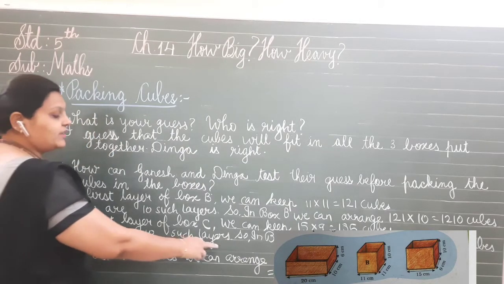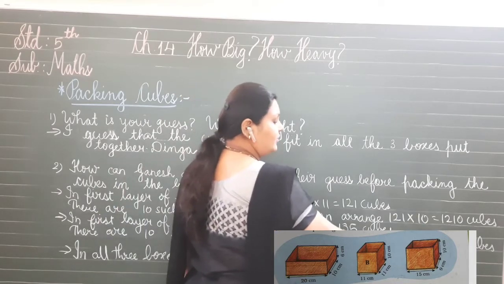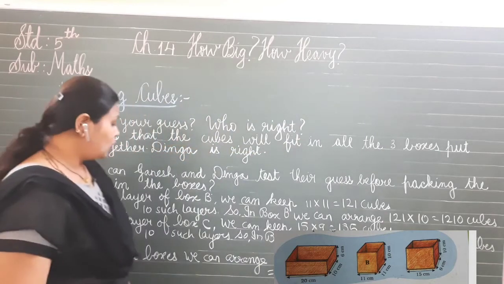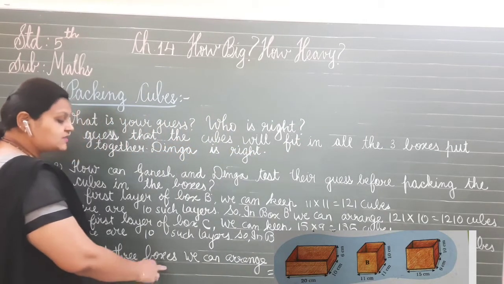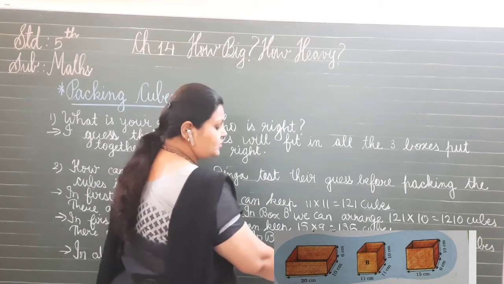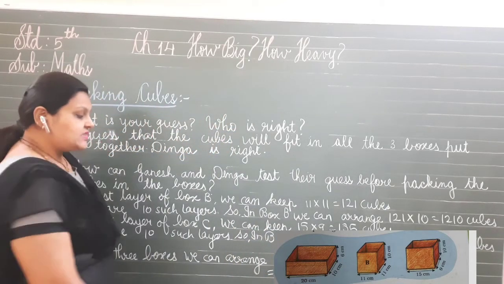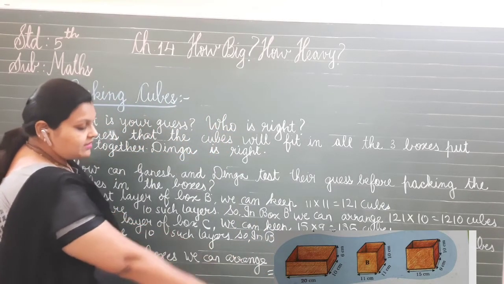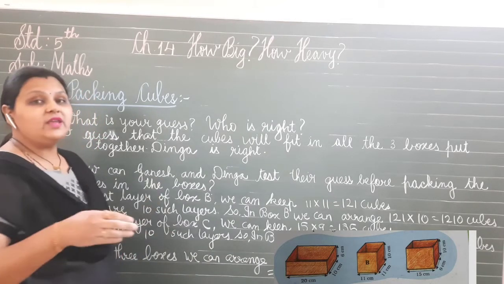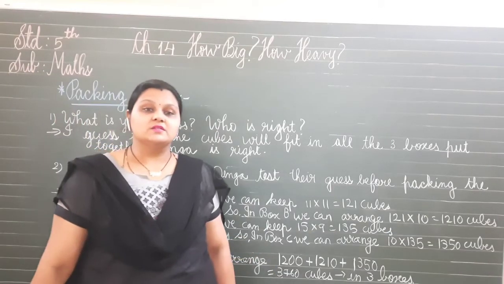There are 10 such layers, so in box C, we can arrange 10 layers into 135 cubes, that is 1350 cubes. Now in all 3 boxes, we can arrange 1200 plus 1210 plus 1350 cubes. So it can be 3760 cubes. So in all 3 boxes, we can arrange 3760 cubes.